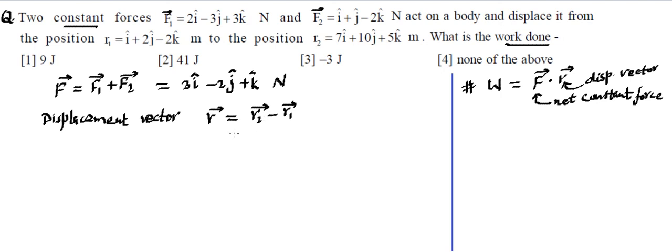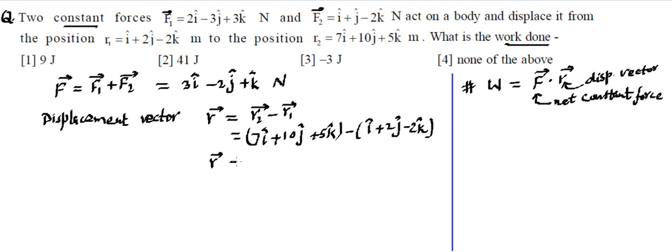So it's going to be 7i cap plus 10j cap plus 5k cap, that's the final. And then we need to subtract the initial one, which is i cap plus 2j cap minus 2k cap. Making sense? Yes.